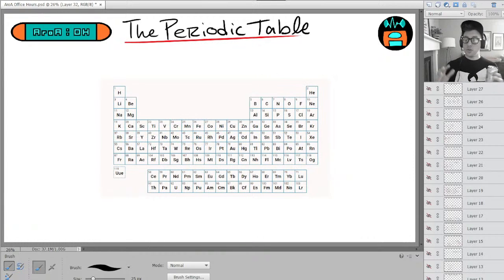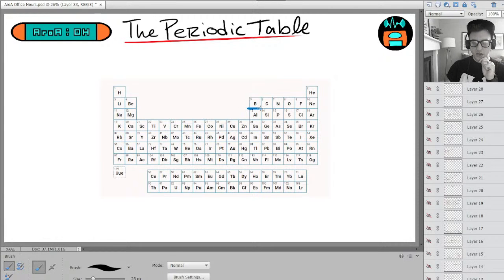There are regions of the periodic table that you need to be familiar with. The first of which is you need to be able to distinguish metals from nonmetals. So if you look at where the metals and the nonmetals are, there's this line between boron and aluminum right here.